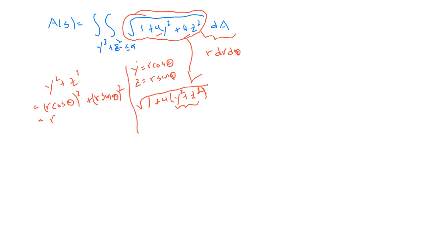That will just equal r squared cosine squared theta plus r squared sine squared theta. And that's going to equal what? Well, r squared, because we can factor the r squared.